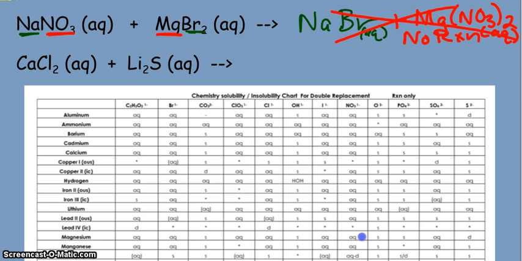So since both substances produce aqueous products, therefore there is no reaction. So now let's try the next one. In this case, the calcium and the sulfur would bond together, leaving the chlorine and the lithium to bond together, both +1 and -1.